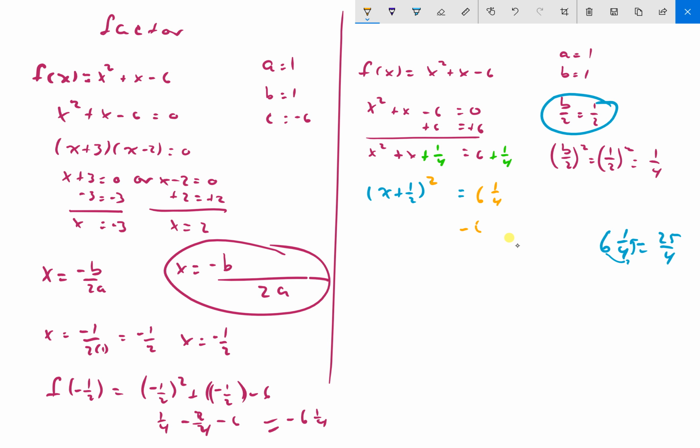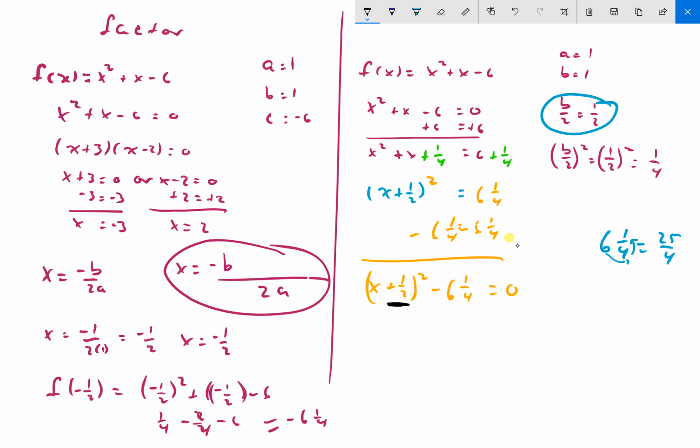If I subtract 6 1/4 from both sides, I get x plus 1/2 squared minus 6 1/4 equals 0. And what I'm hoping you notice is this.